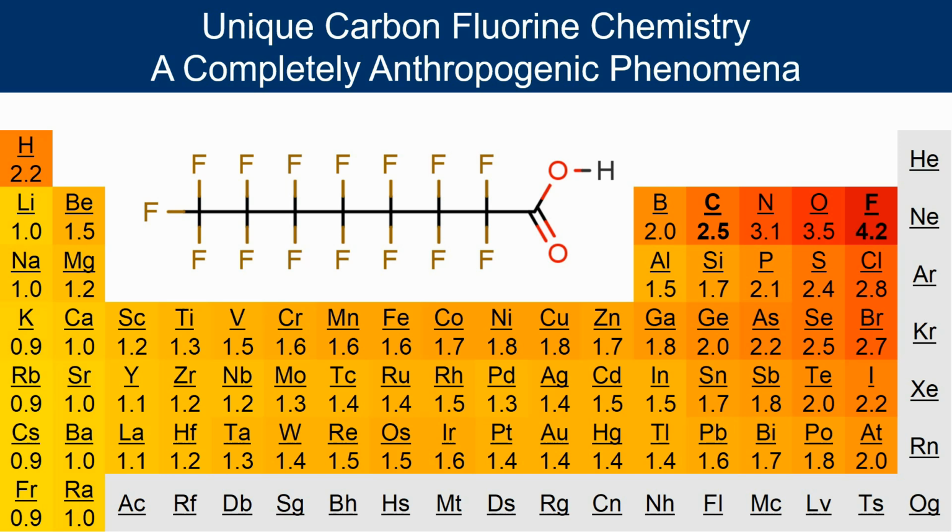If you remember, larger differences in electronegativity cause stronger bonds, especially if they still form covalent bonds. The most electronegative atom on the periodic table is fluorine at 4.2, and so carbon at 2.5 will form the strongest bond with fluorine out of any atom on the periodic table.